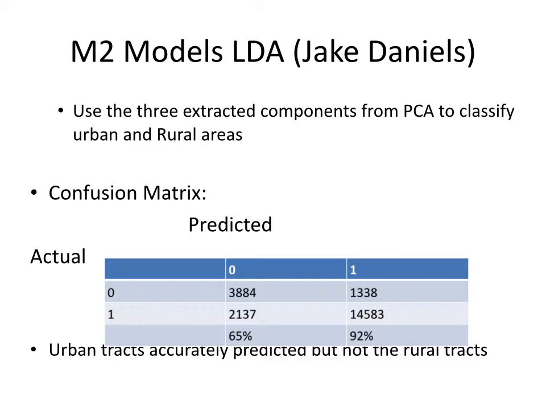With the number of rural tracts being far less than the urban areas, this makes the accuracy for the rural area more important. And with only a 65% accuracy, this model does not seem to be of high quality.